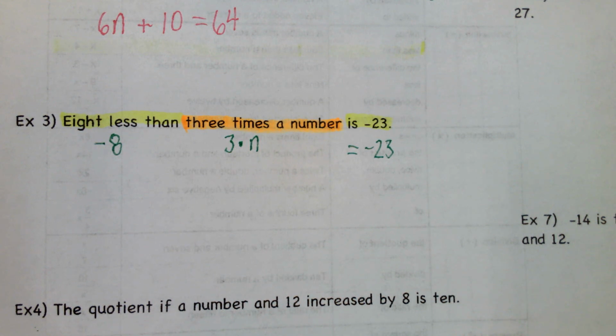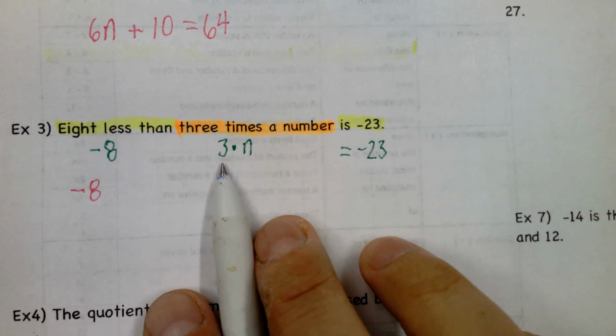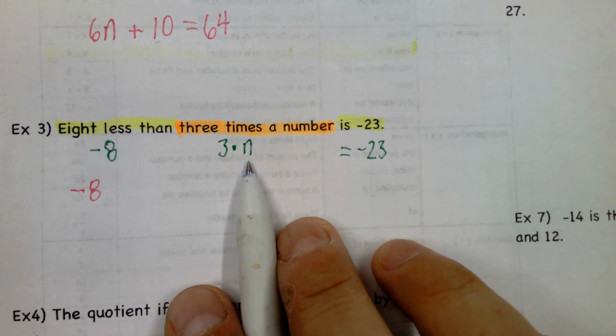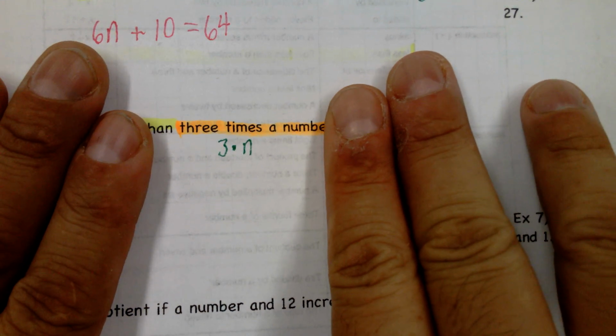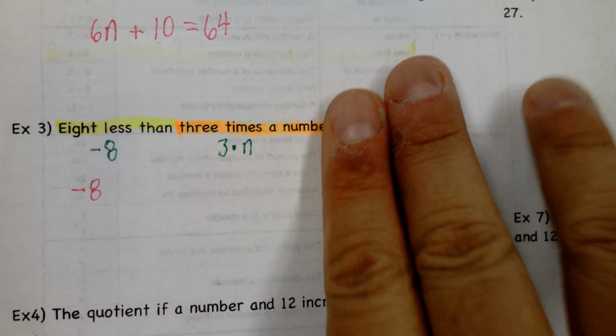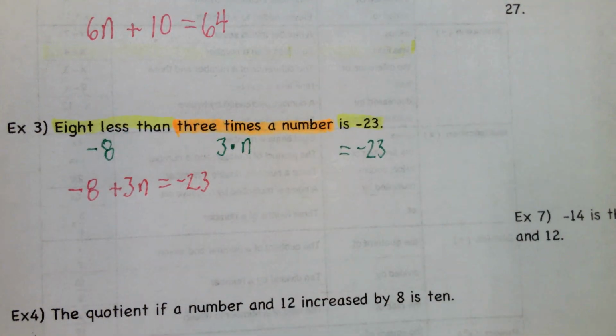Let's write it down. 8 less than, well, that's either negative or minus 8. Then we have 3n. Is this 3n by itself there? Is it positive or negative? Positive. So we would write plus 3n. And then is negative 23. So that's one way to write this.